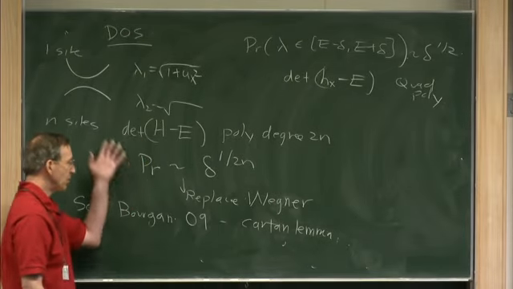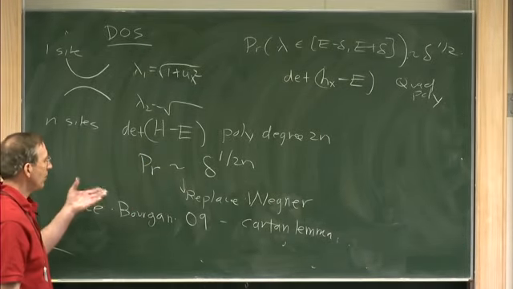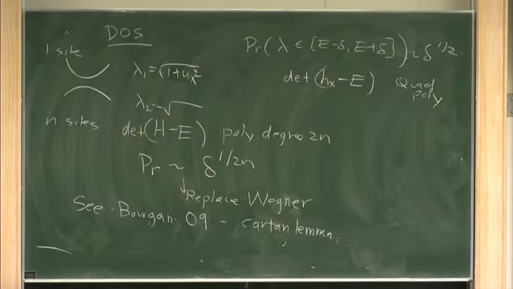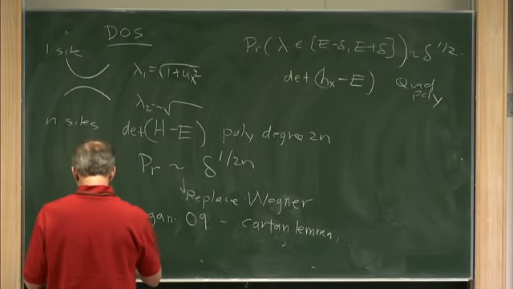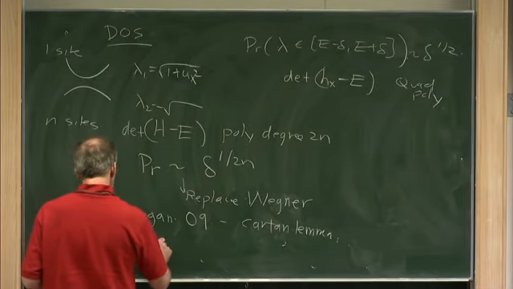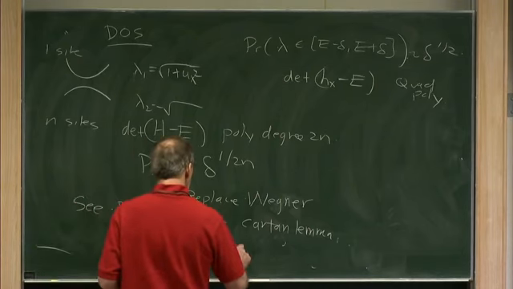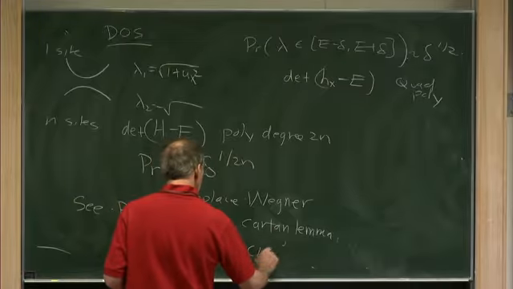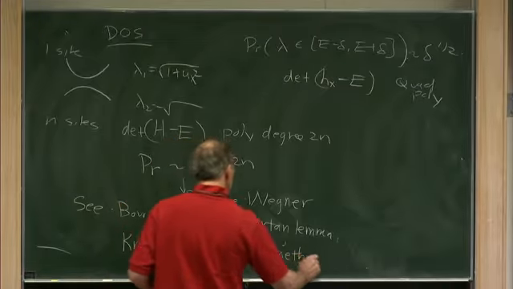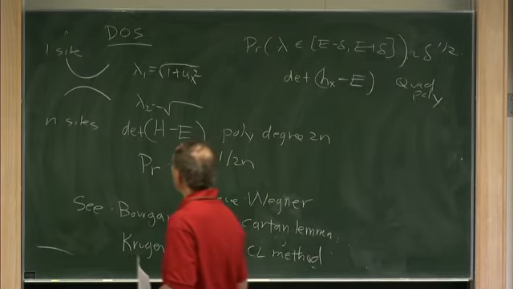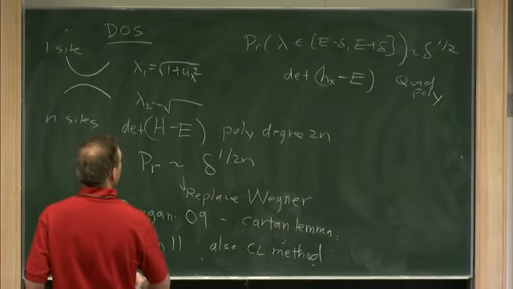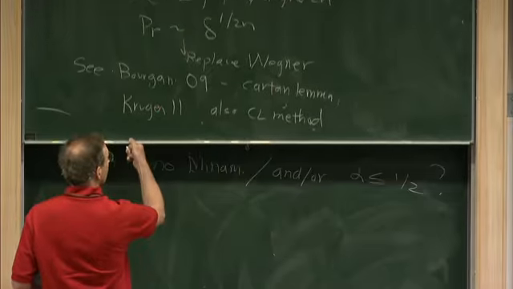And then he was able to prove localization for that problem, which had eluded other efforts. Kruger has also used the Cartan lemma method. So the idea has been out there for a little while.